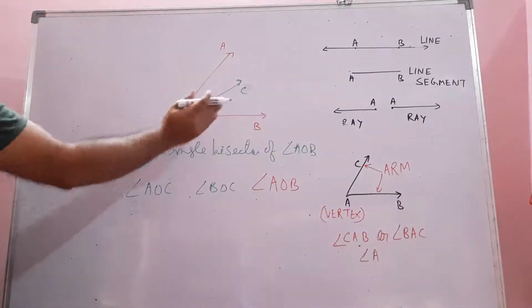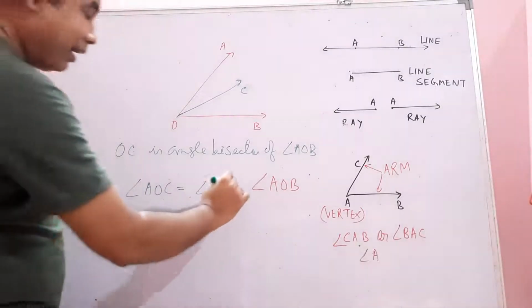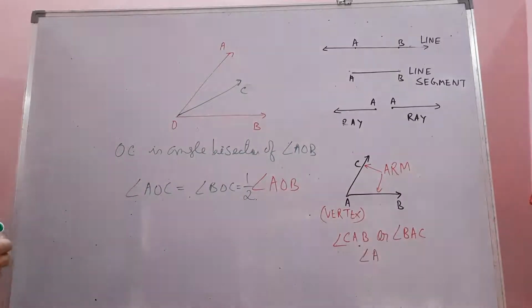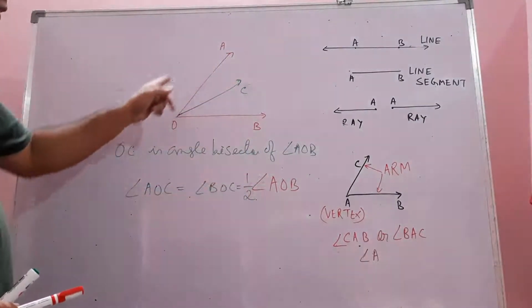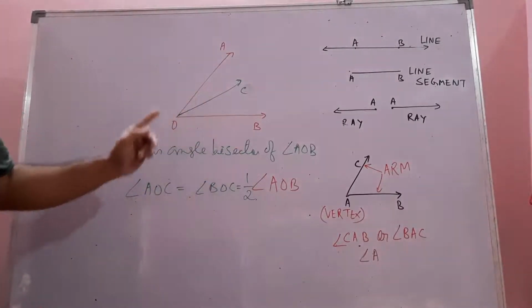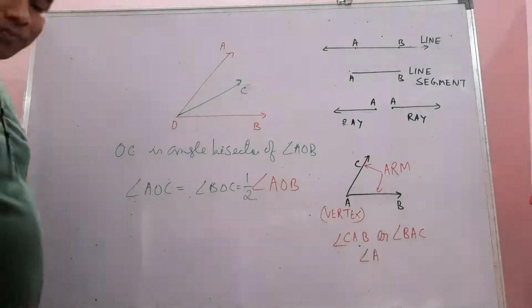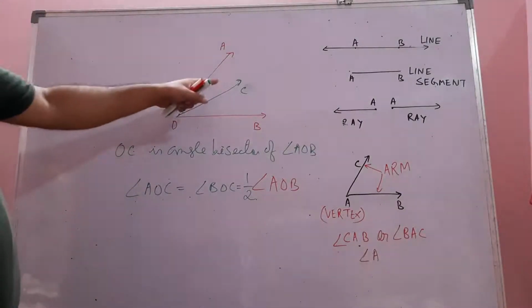If OC is the bisector, that means these two angles are equal, and they are equal to half of the given angle. Why half? Because they are one out of the two parts of AOB. So 1 by 2 of angle AOB, or half of angle AOB. This is also there in many questions. If a ray bisects an angle, what happens?